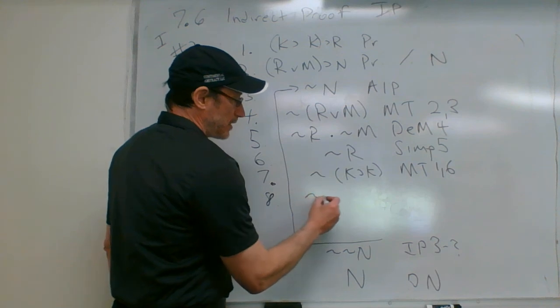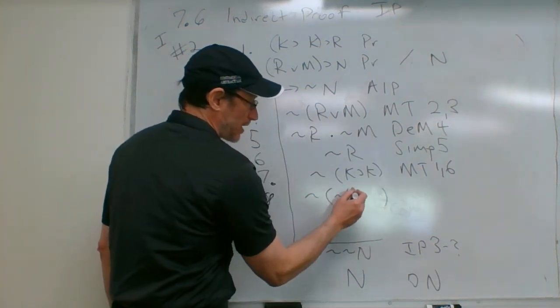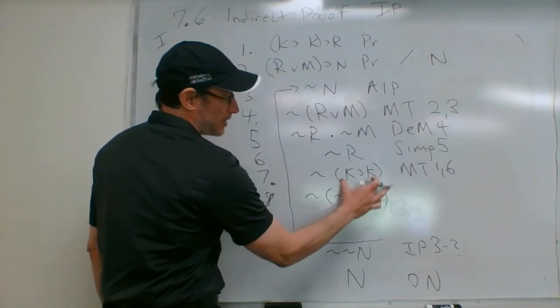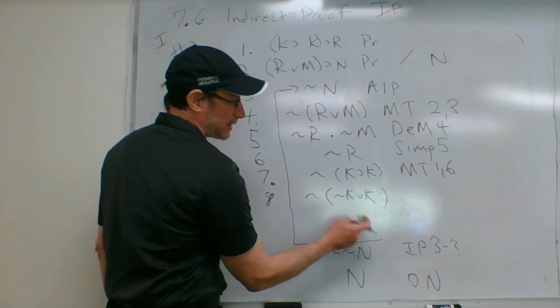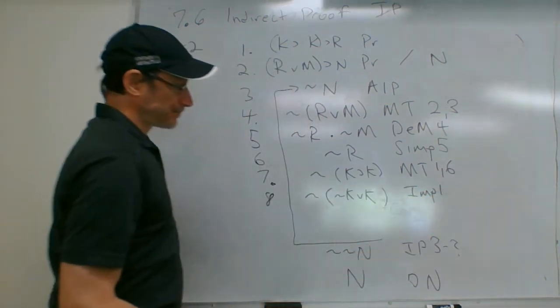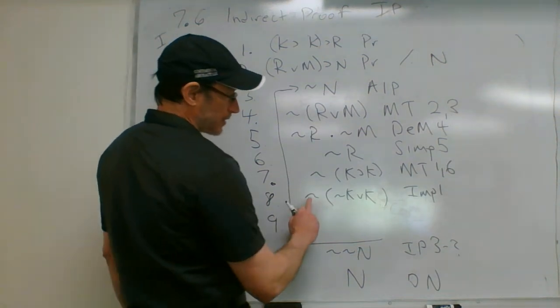We have an implication. Remember, this is a horseshoe. I can go not K, wedge K. I'm changing the horseshoe to a wedge and tacking on a tilde to the antecedent. This is implication. And now I have another case of De Morgan.